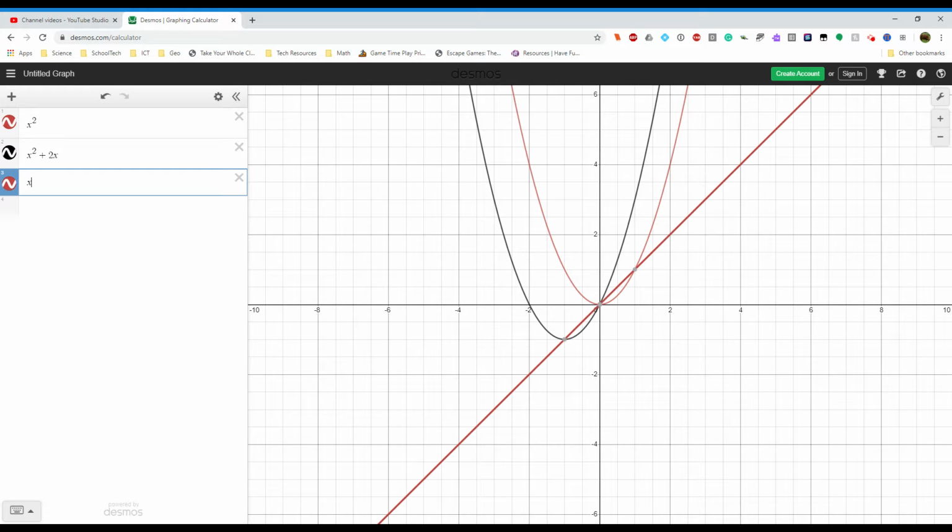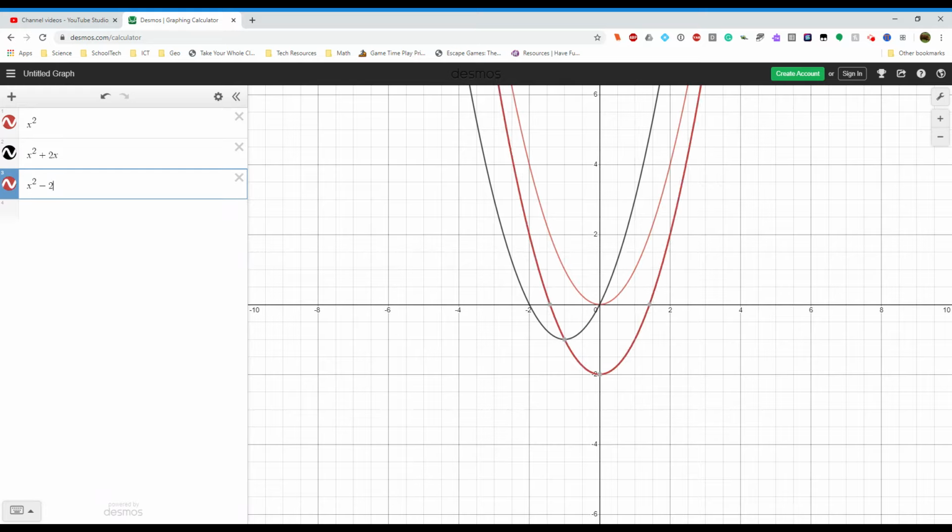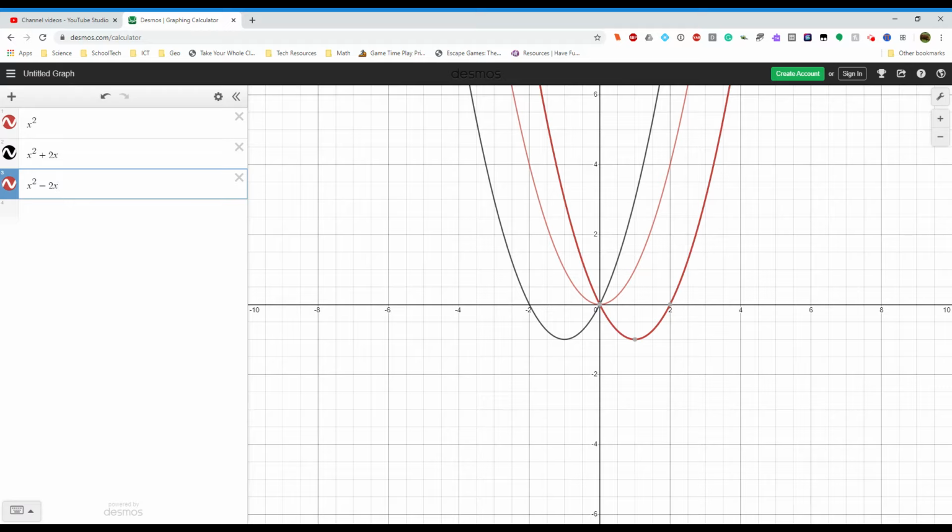And if we go x squared minus 2x, right, it moves it the other way. So for the most part, B will move the vertex, our very lowest point or highest point if it's opening down, left and right.